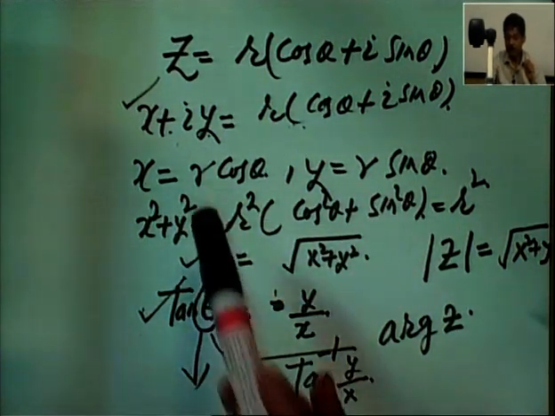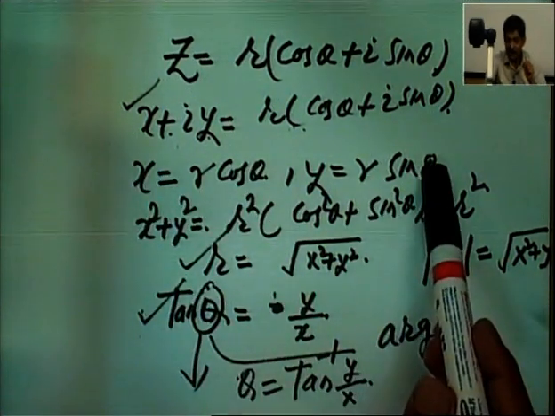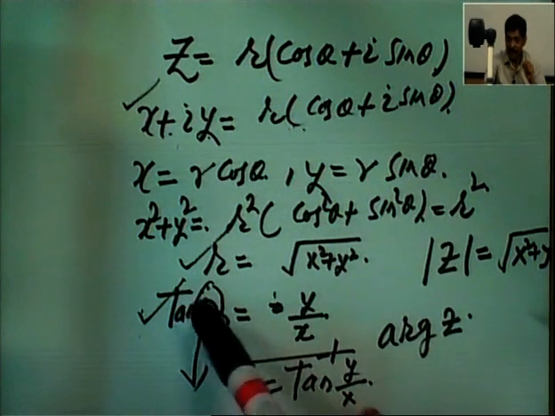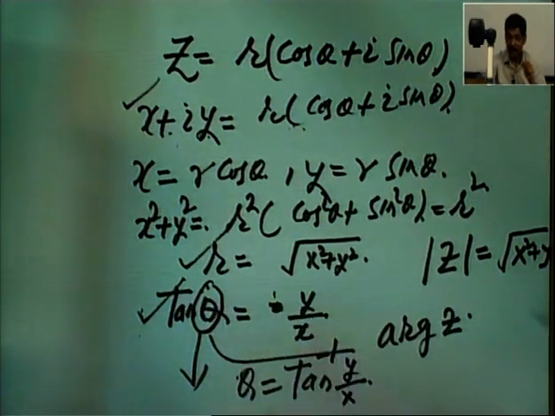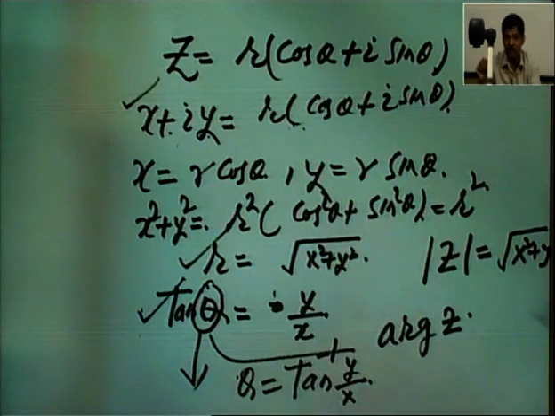For example, suppose r cos theta is negative, r sin theta is also negative, and you find tan theta, that will be positive. That does not mean your theta is lying in the first quadrant. You have to choose that theta for which cos theta and sin theta both are negative, but tan theta is positive. So, you have to be careful while calculating the argument of this complex number z.